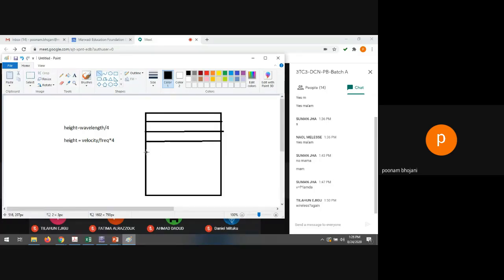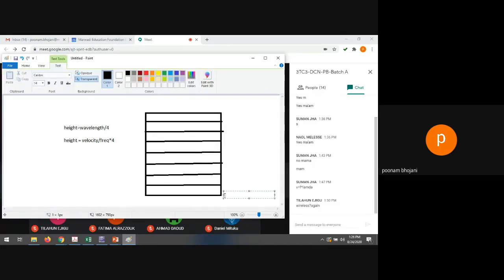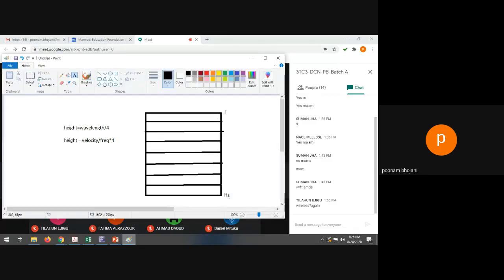All the frequencies in the air are divided into multiple applications. This is from low frequency to high frequency, from hertz to terahertz, or even if you consider gigahertz, it will be okay.